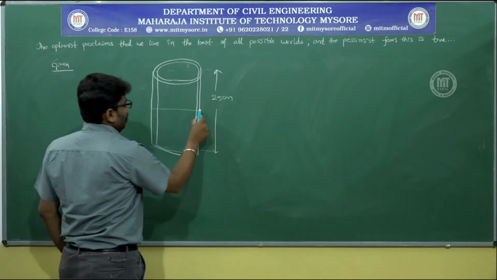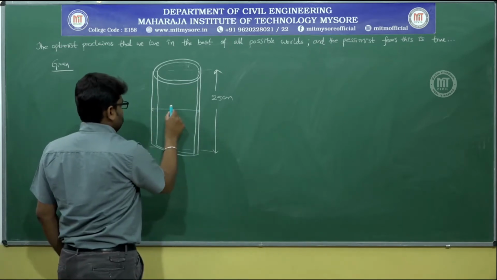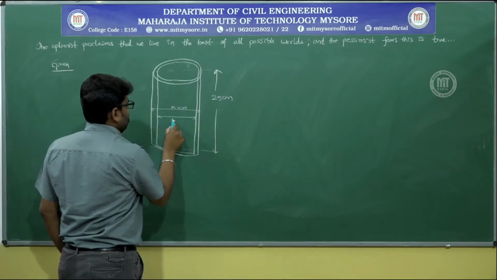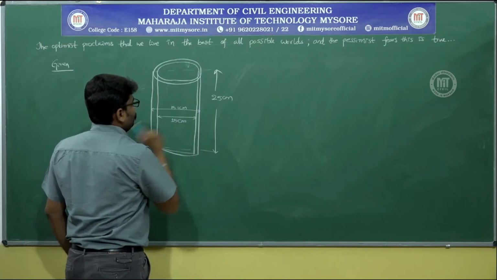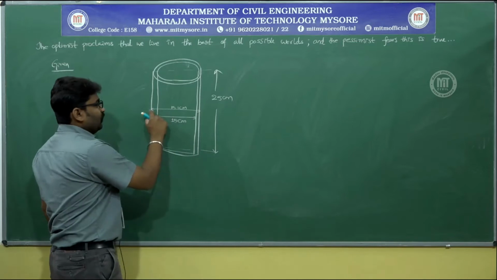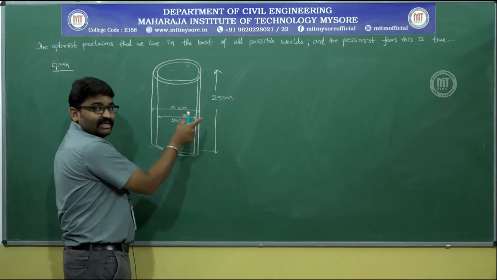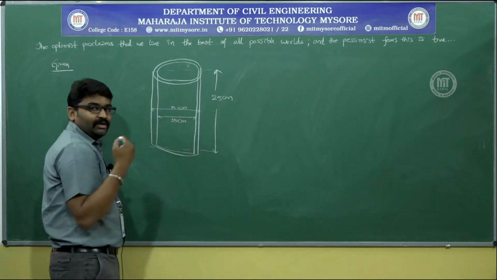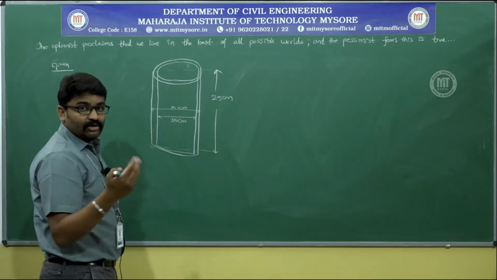The diameter of the outer cylinder is 15.1 centimeter. The diameter of the inner cylinder is 15 centimeter. Now, you can understand the total difference is 0.1 centimeter. So, the thickness of the oil film will only be 0.1 divided by 2 centimeters. That is what I wanted to make out.